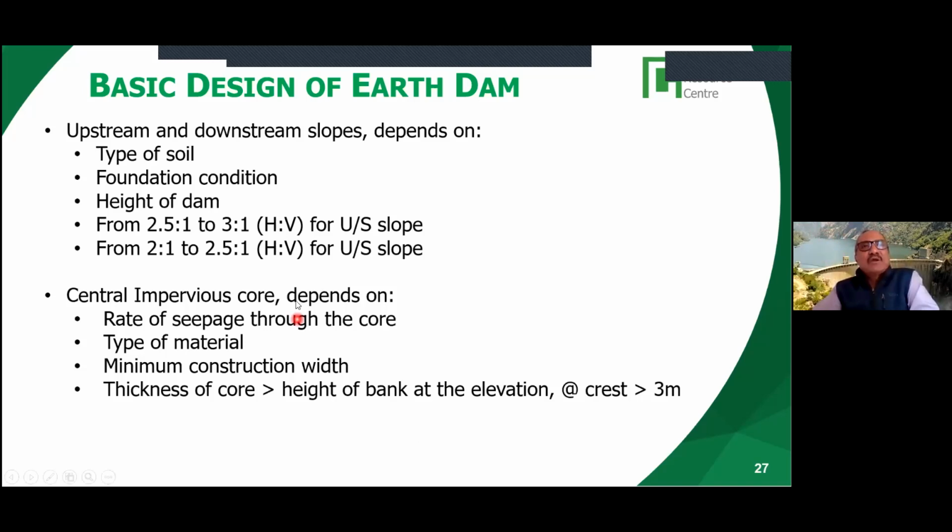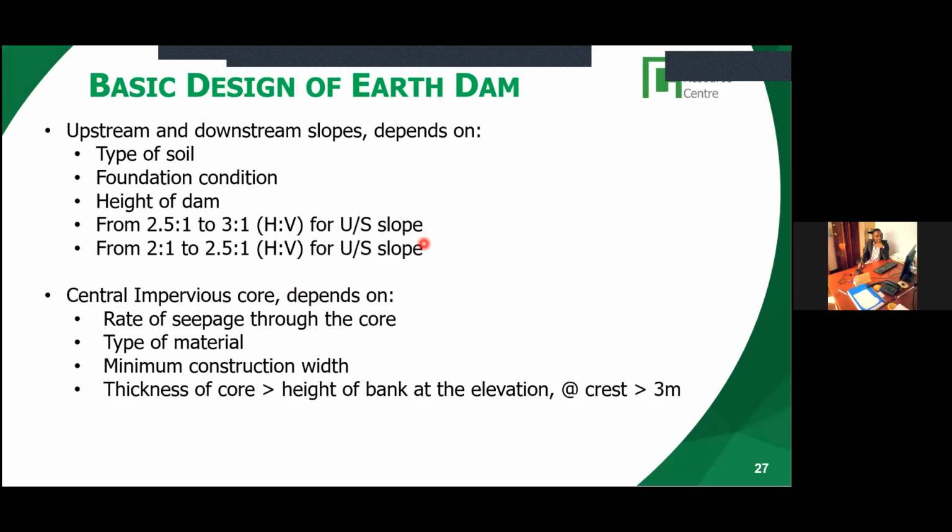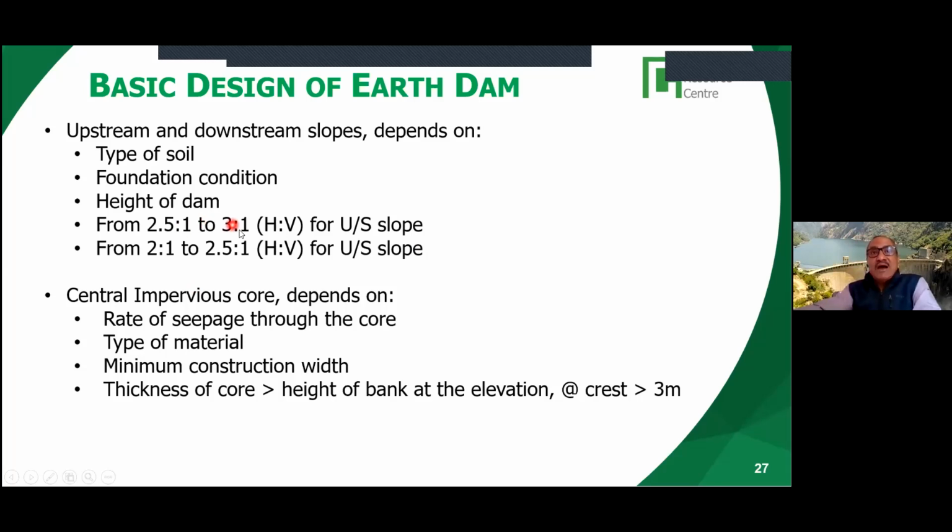And normally, for the upstream slope, depending on the soil and the height, if it is very sandy soil, then it will be 3 to 1, horizontal 3, vertical 1. But if it is well-graded, homogeneous soil, then it can be 2.5 to 1.